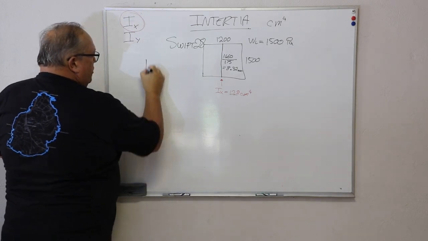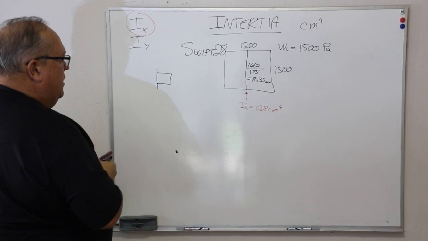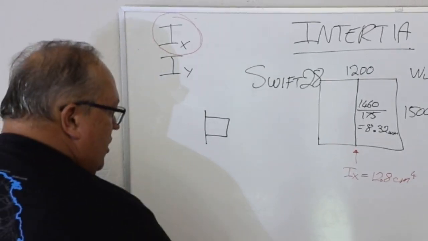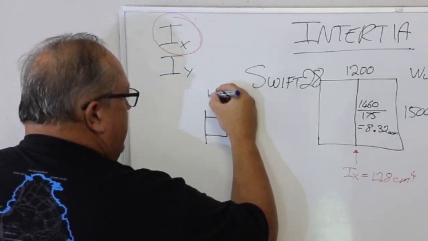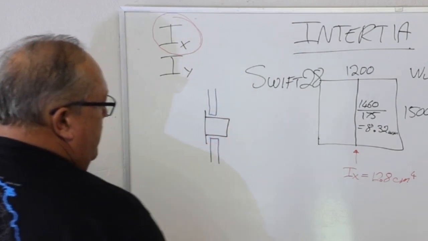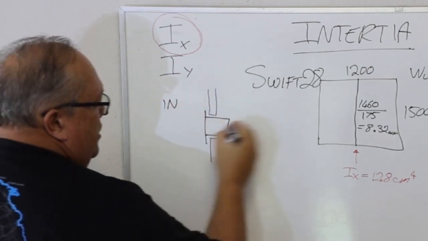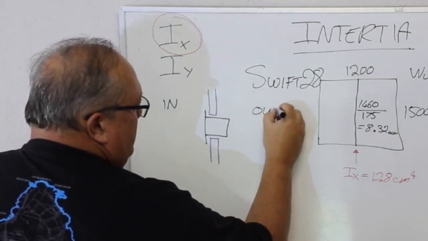If I look on a simplistic level, this is what a mullion looks like. I would have a piece of glass sitting here, and a piece of glass sitting there. This would represent the inside of the window, this would represent the outside of the window.